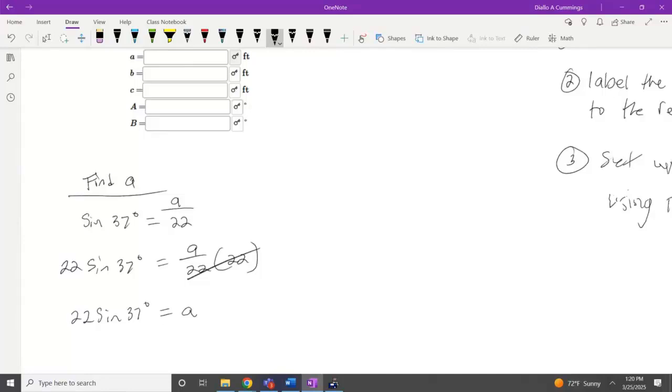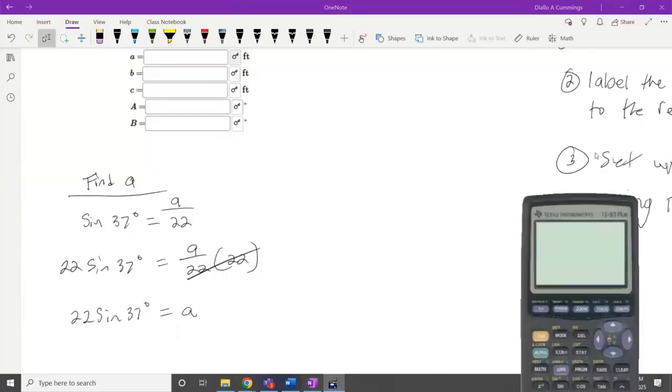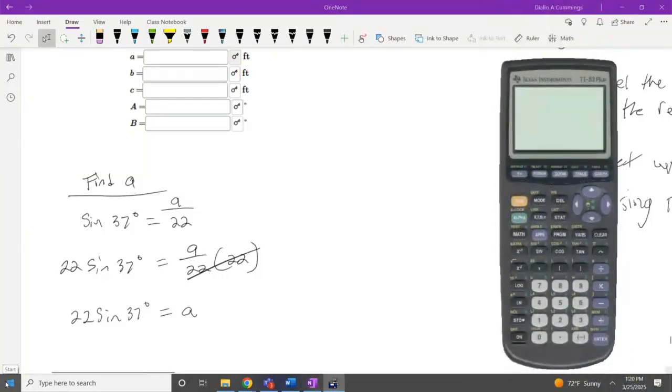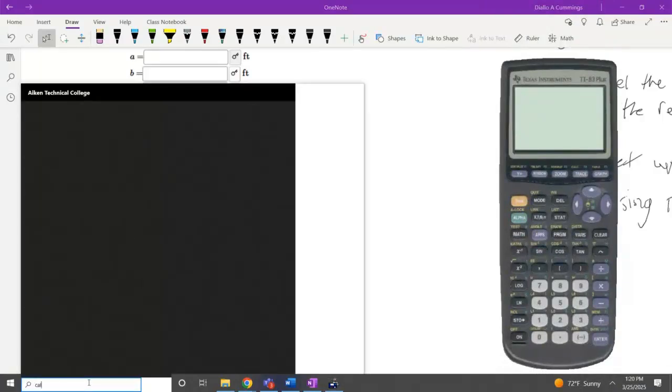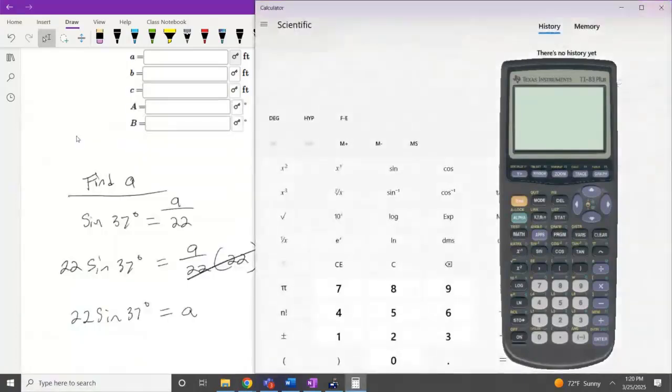Now comes the fun part, putting it in the calculator. It all depends upon what calculator you have. I have the TI-83. I know everybody may not have a TI-83, so I'm also going to use the calculator in Windows.